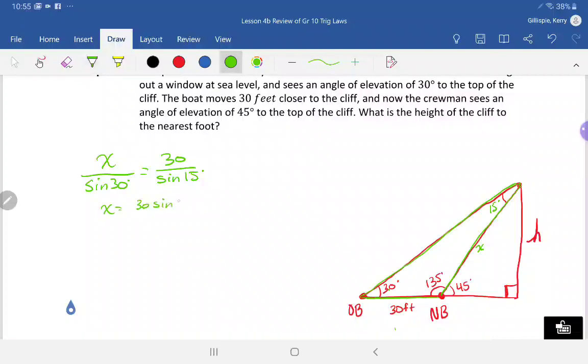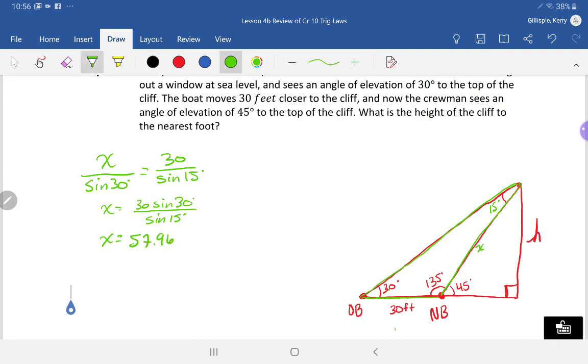So here we end up with 30 sine 30 divided by the sine of 15. That'll give us our distance for x, which is 57.96. Let's use 2 decimal places.